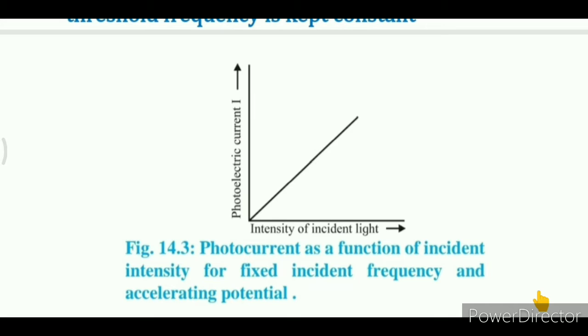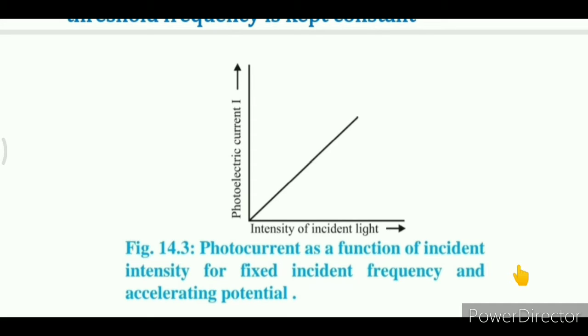As we change the intensity of the incident radiation, it is given on the x-axis, and the observation we make on the photoelectric current is given on the y-axis. So this graph will give the variation in the photoelectric current when the intensity of incident radiation is changed.